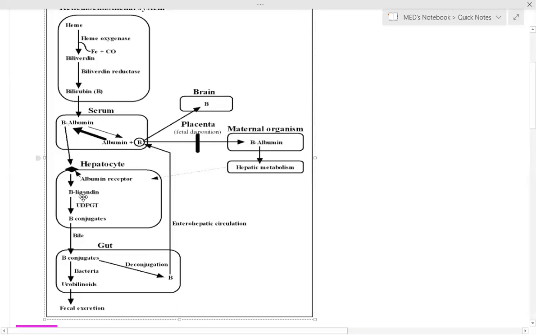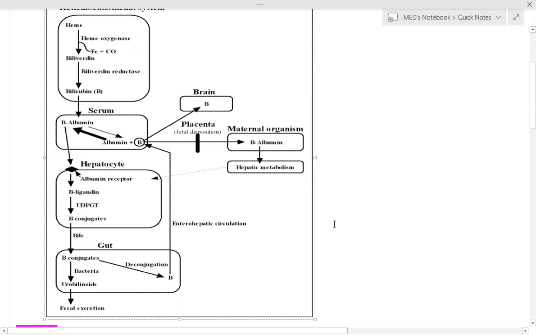Now the bilirubin comes inside the hepatocyte, and with the help of an enzyme called UDP glucuronide transferase, it gets conjugated. The unconjugated bilirubin gets conjugated. Later on, it gets to the bile.